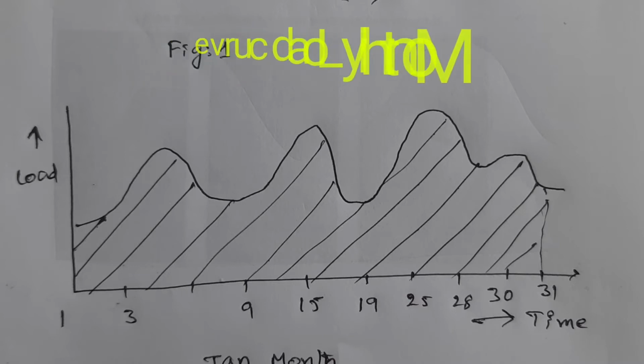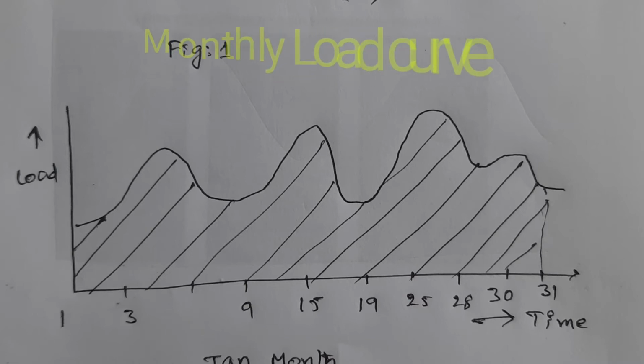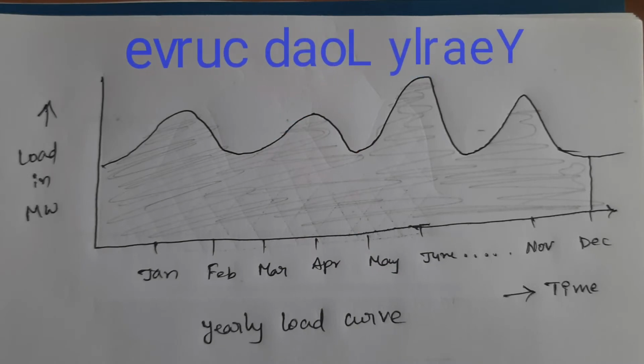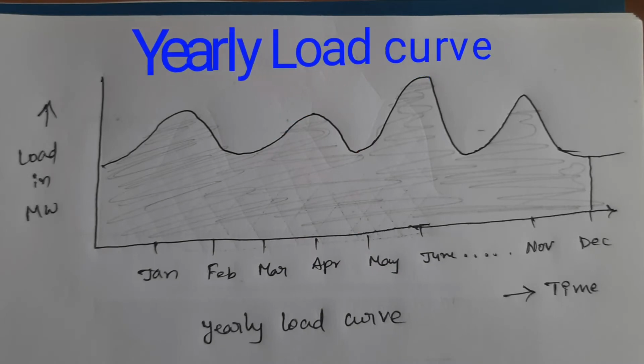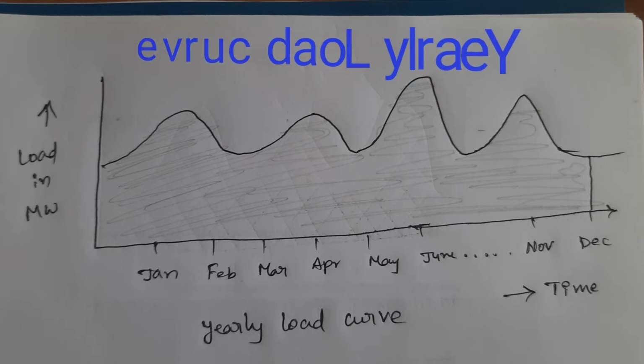The monthly load curve is generally used to fix the rates of energy. The yearly load curve is obtained by considering the monthly load curves of that particular year. The yearly load curve is generally used to determine the annual load factor.